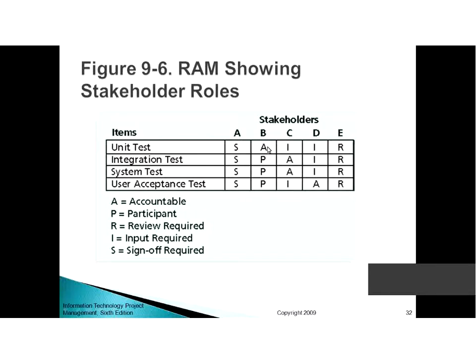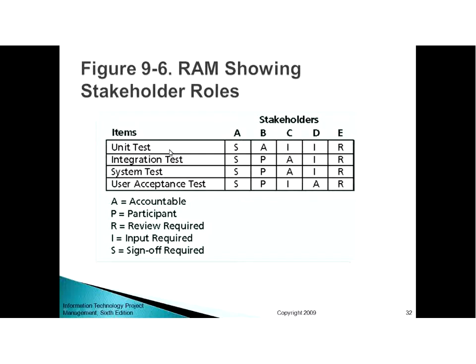Person B, if it's A, it means B is accountable for it. B is participating in integration testing, system testing, and user acceptance testing, but B is accountable for it. B can be asked if something goes wrong. Like if unit testing goes wrong, B will be accountable for it.